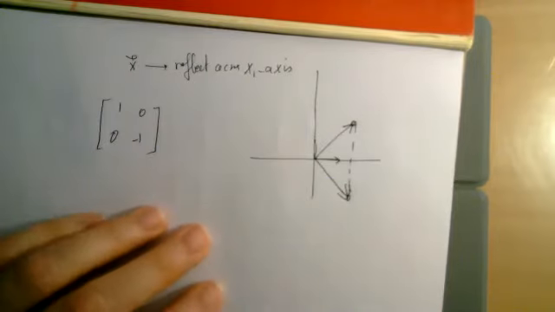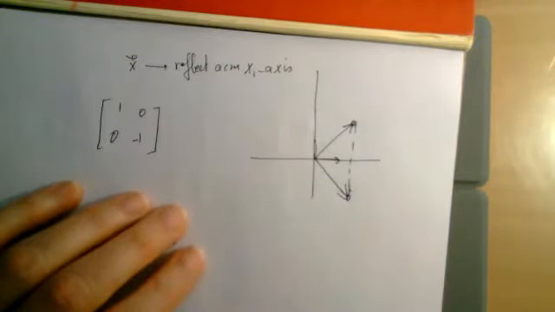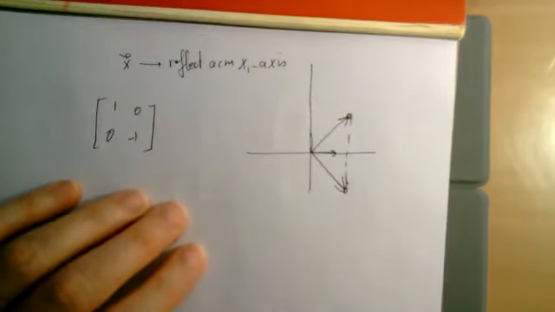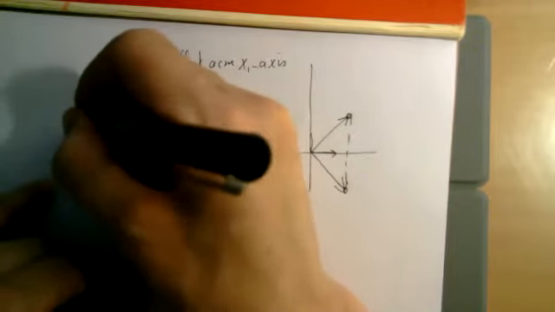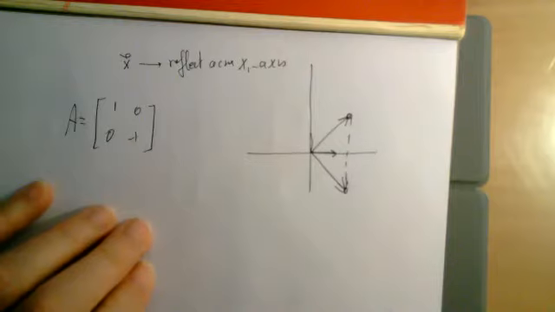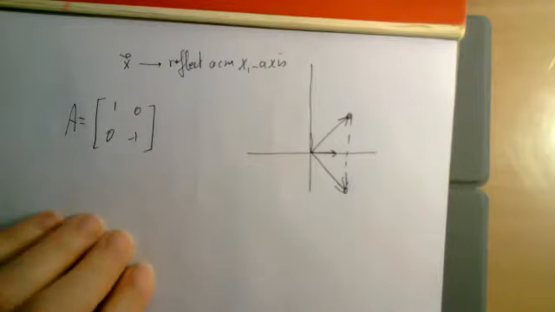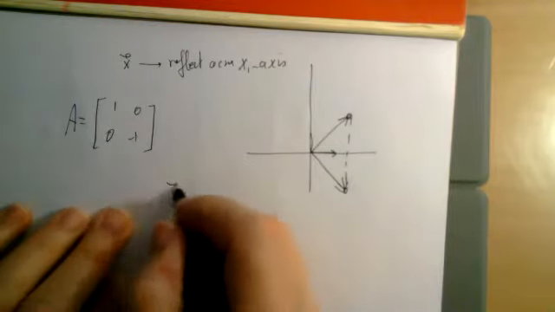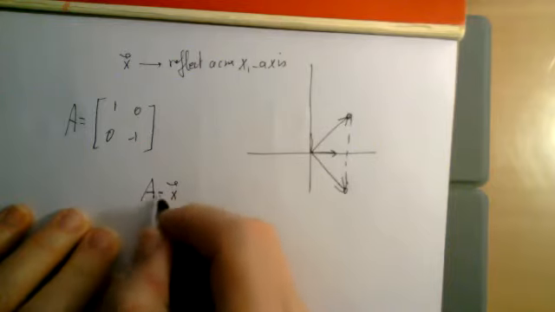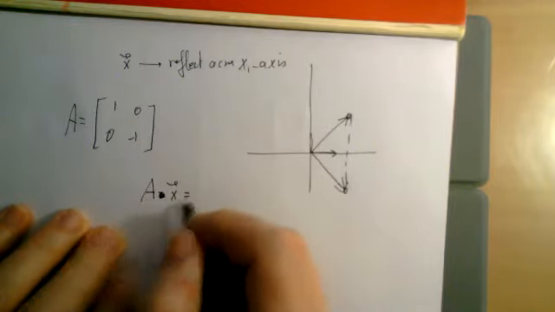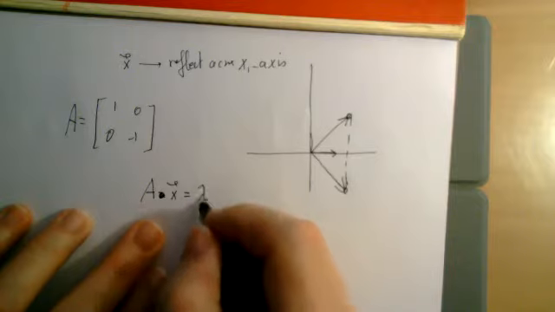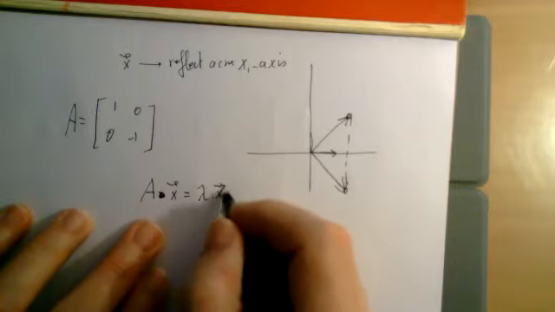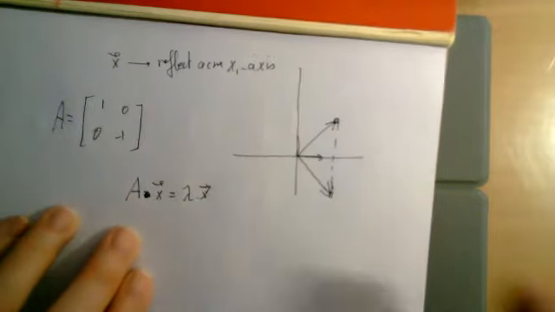And now intuitively, I'm going to ask you the following question. Who can give me an example of an eigenvector for my matrix A? Who can give me an example of a vector such that when I apply A to it, the effect of A is nothing more than stretching x?